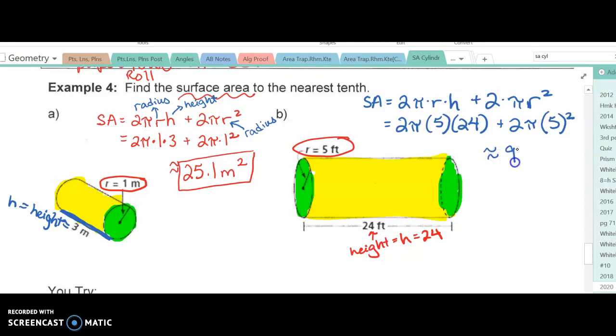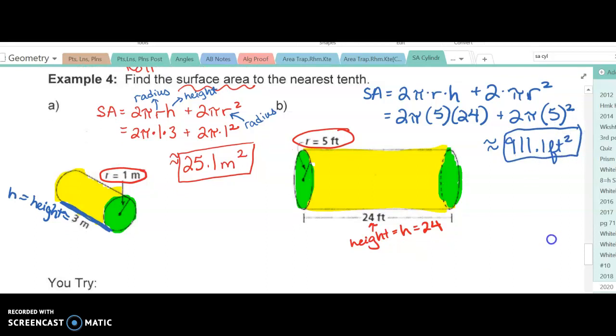Don't forget, that would be feet squared. All of our units are always squared when it's area.